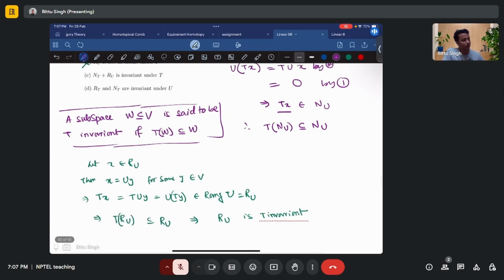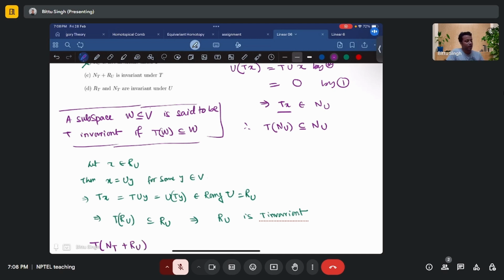An element of Nt plus Ru will look like x plus some other y. Just apply T on this subspace. Let us apply T on Nt plus Ru.